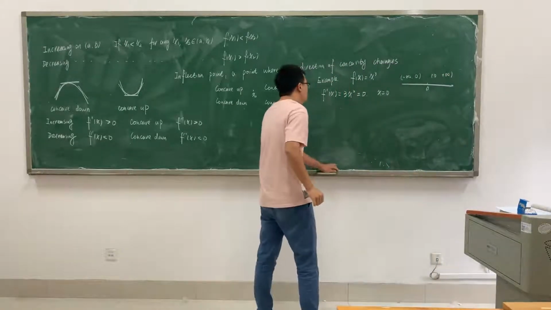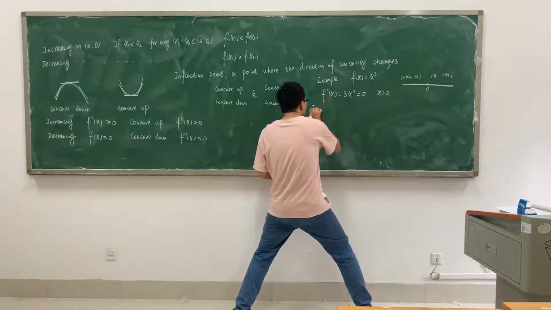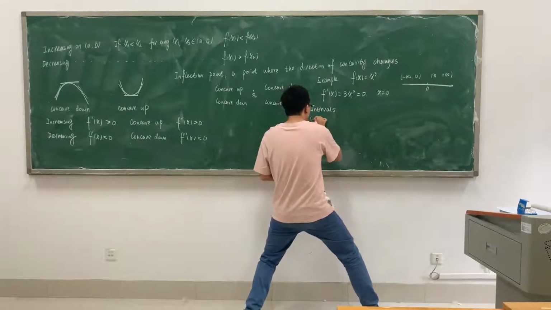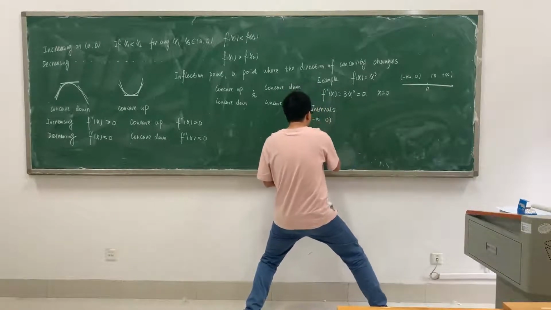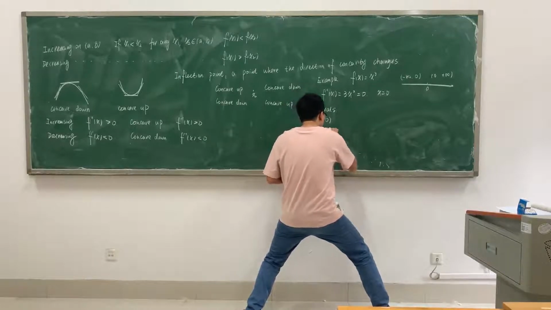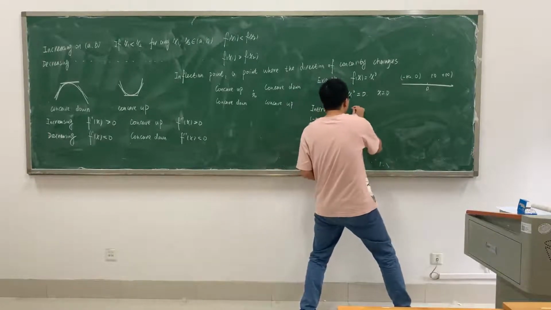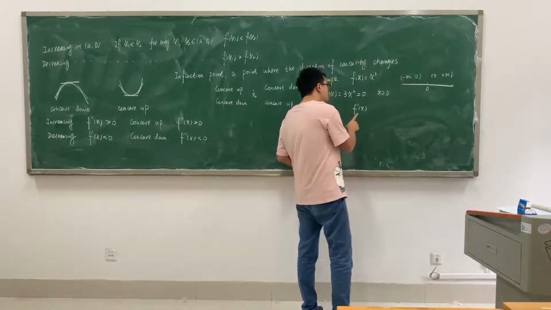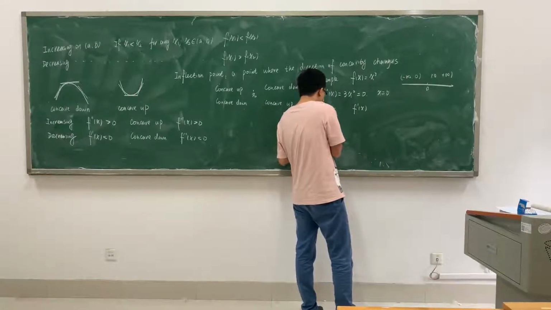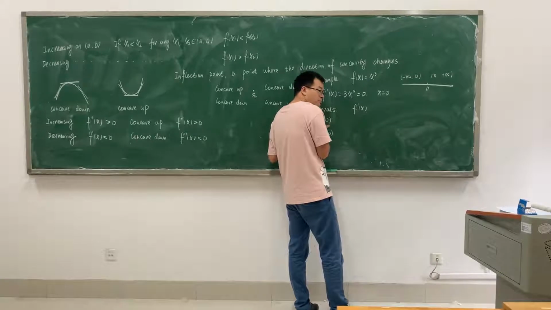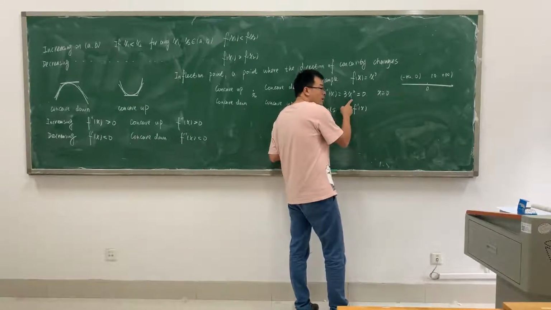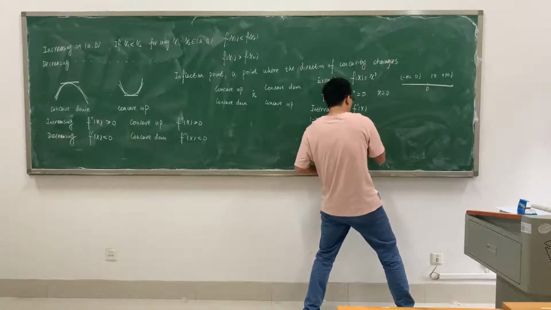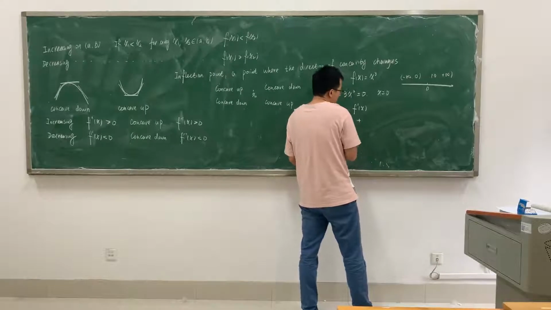On each interval, when x belongs to the interval, the derivative 3x squared is greater than 0, so it's plus.